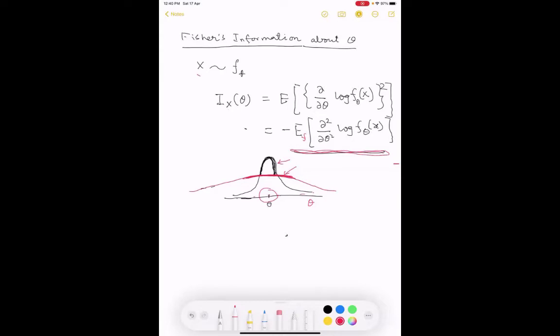And then an interesting thing is that Fisher is taking the expectation with respect to f of x. So that expectation is with respect to the random variable: if the x changes, on an average, how will this curvature change?